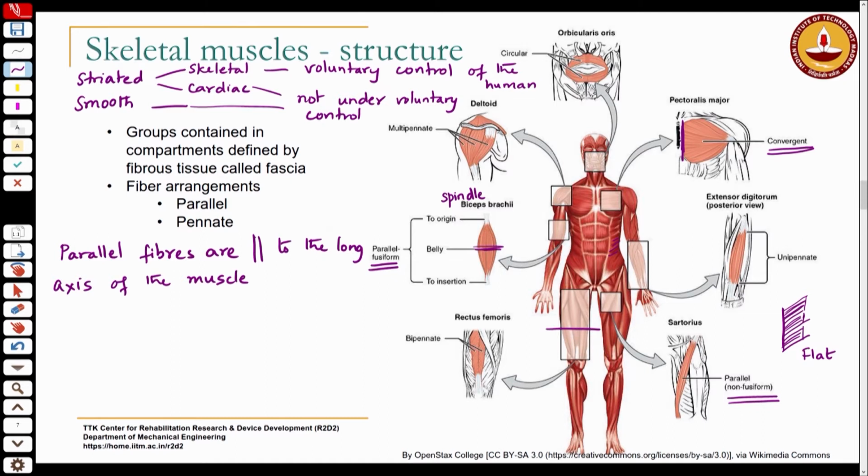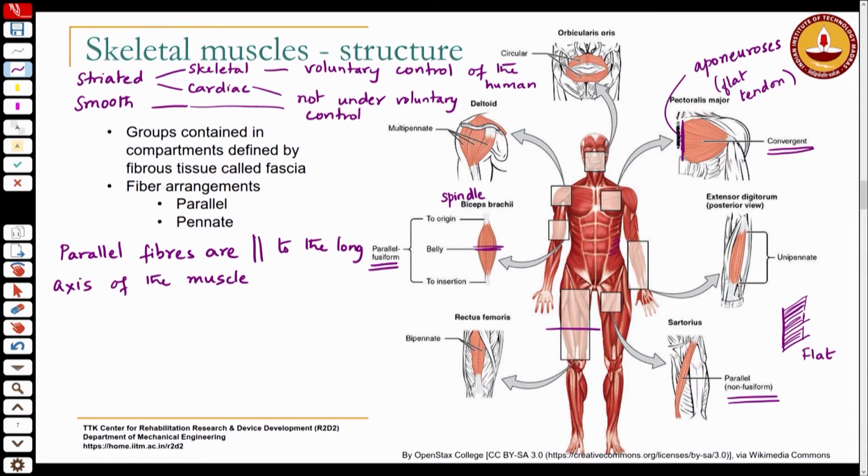This is called the convergent type of parallel muscle fibers. This sort of flat tendon is called an aponeurosis. It is basically a flat tendon over a large area. So, that is how it attaches.